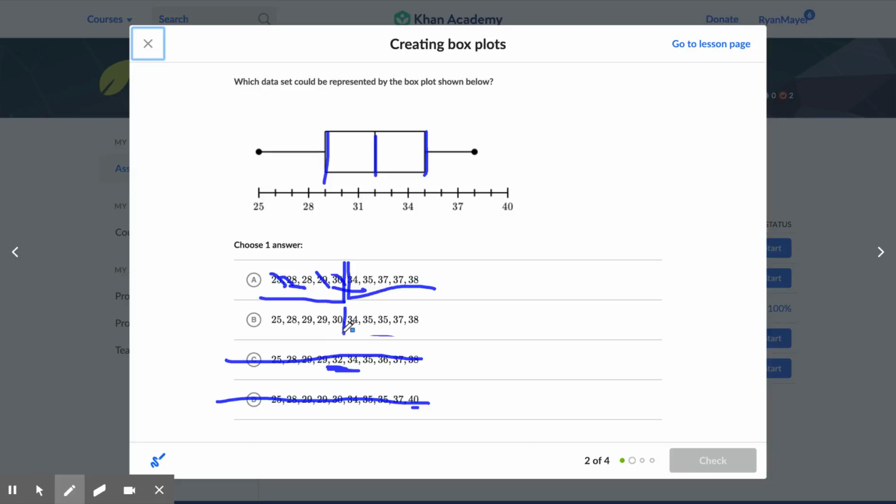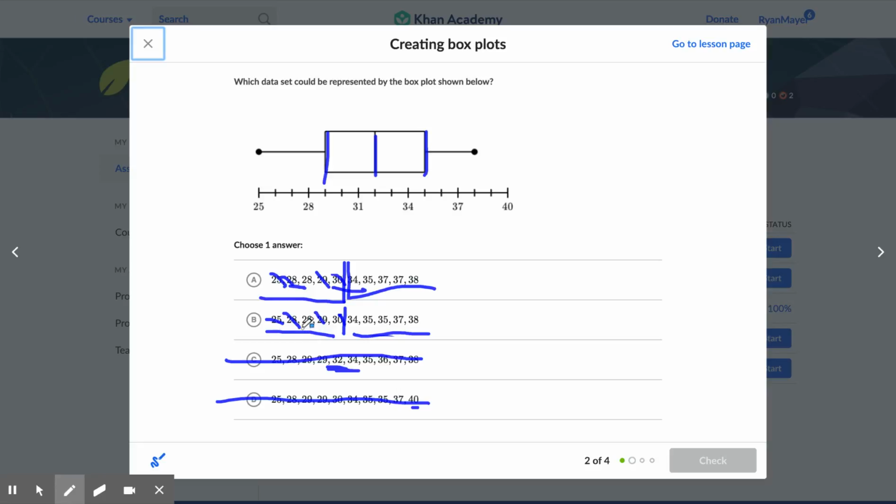So that separates my first set of data and my second set of data. To find these lines, these quartiles, I'm going to have to find the median again, but now I'm finding the median for the first set of numbers and the median for the second set of numbers. So I'll cross this out.